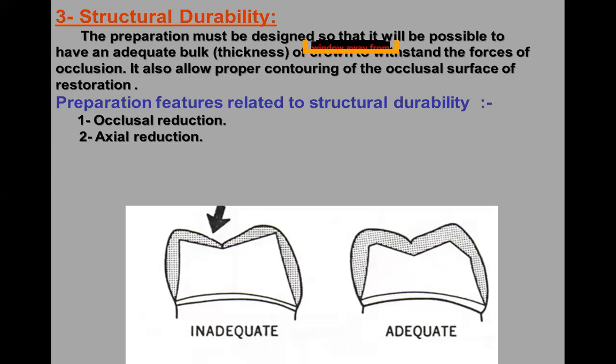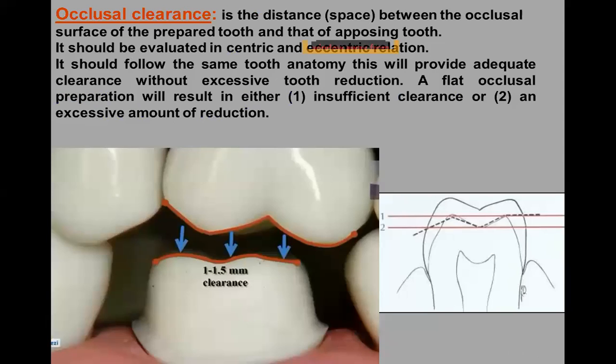The preparation features which will lead to structural durability: we need an occlusal reduction, a good amount of occlusal reduction, and a good amount of axial reduction. We have two different parts of reduction. The occlusal reduction of the prepared tooth will face the opposite walls.